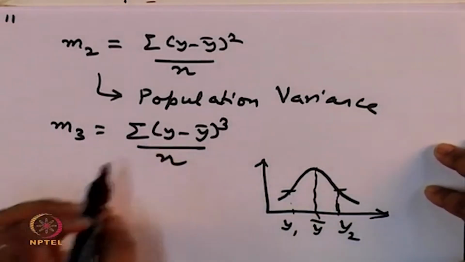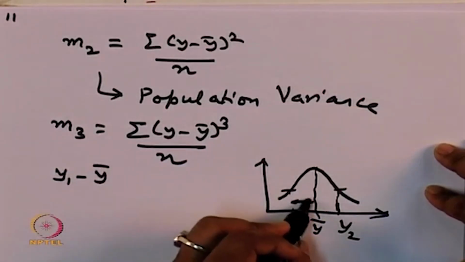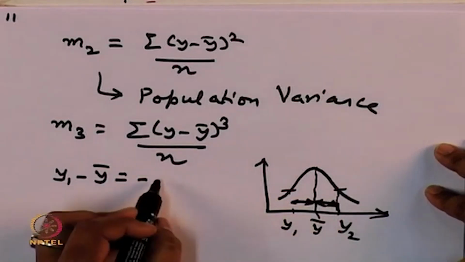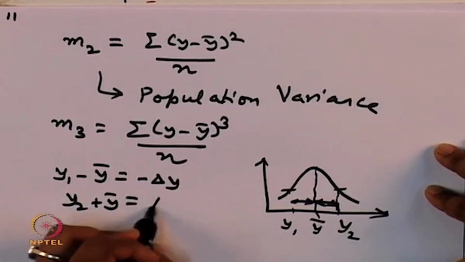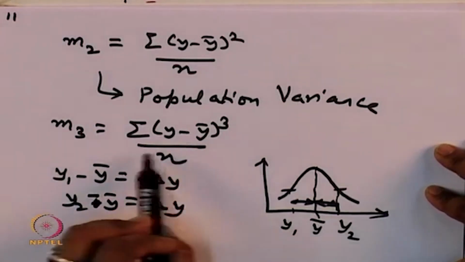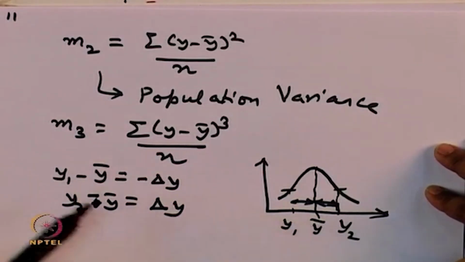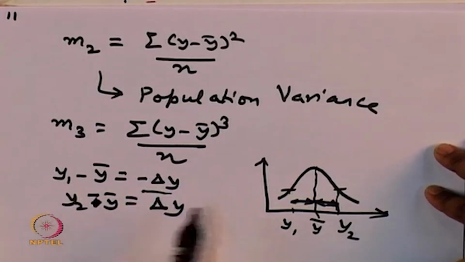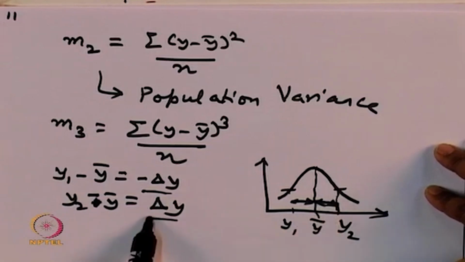In that case, I have two things, symmetric, and let us say this distance is the same. So, y1 minus y bar is equal to minus delta y, and y2 minus y bar is going to be plus delta y. If I do this summation, it means that for every y1 to the left of y bar, whatever contribution it gives, which will be negative in nature, another point which is equidistant on the positive axis and has the same frequency will give a positive response.